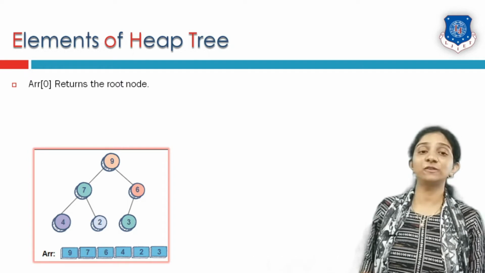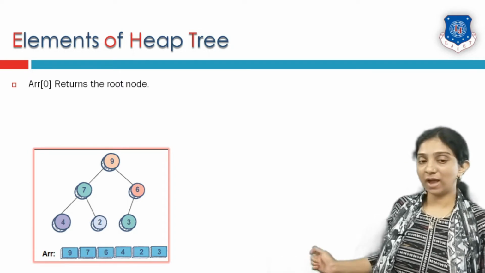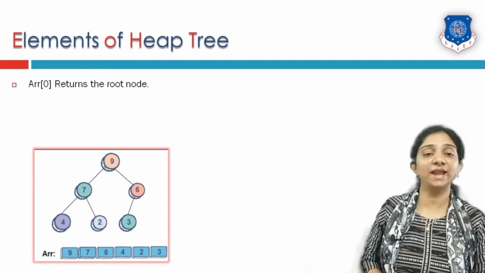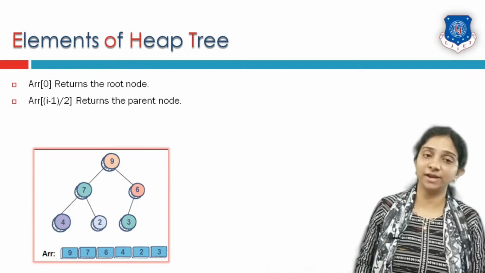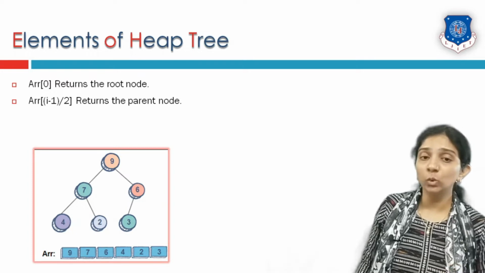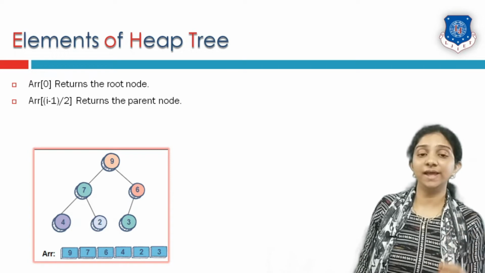Now the placement of these elements in a tree is also special. At array index 0 is always your root element. Look at this array: at index 0 we have element 9, so it also appears as the root element in the tree. The formula (i-1)/2 gives the parent node of the ith index node.